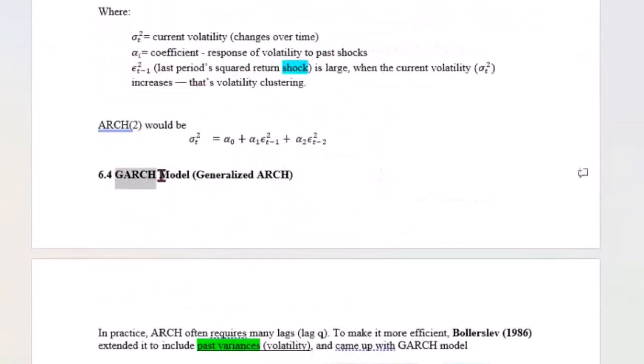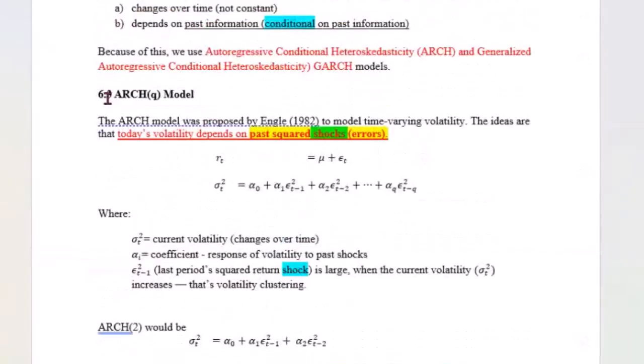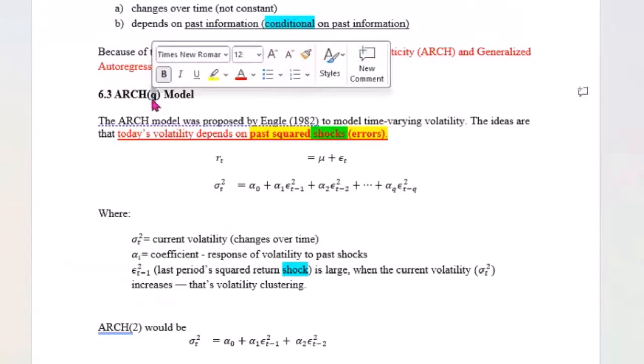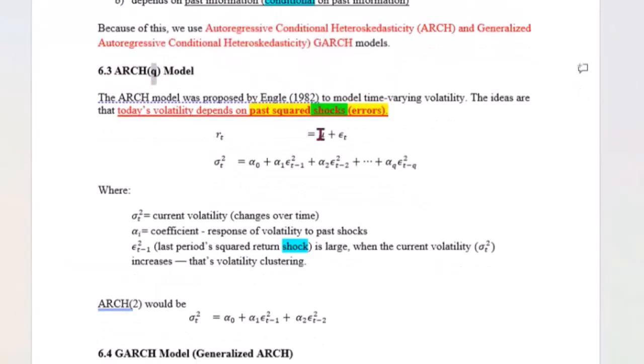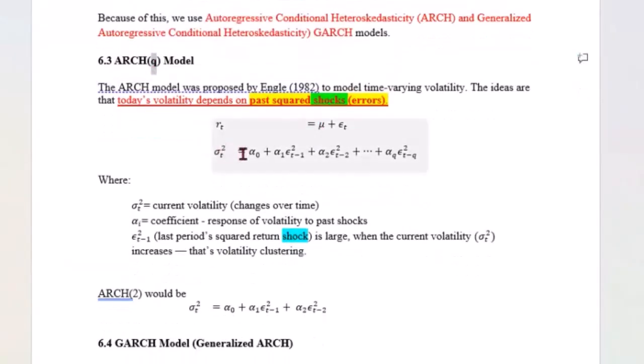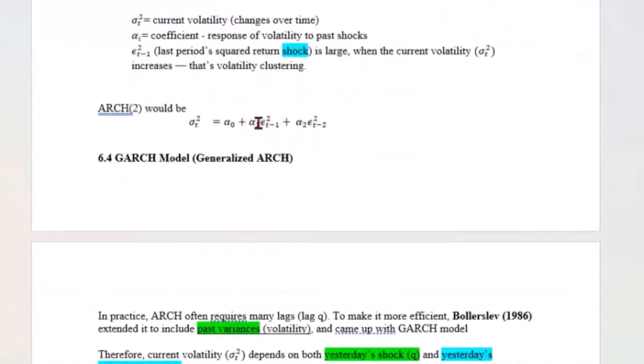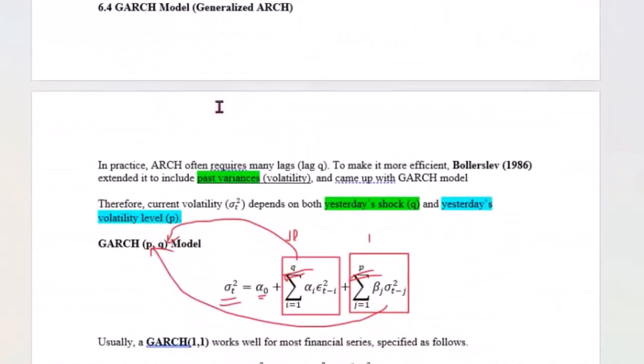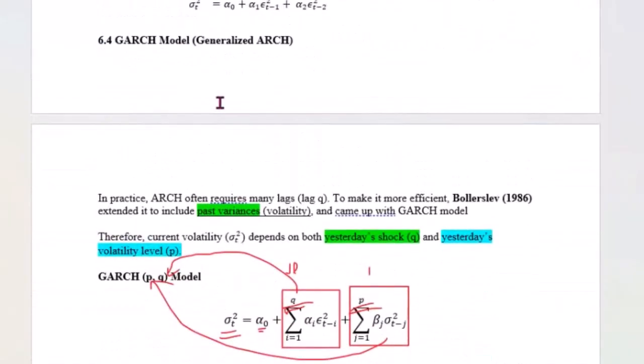So now we know we can differentiate between the ARCH and the GARCH model, whereby in the ARCH model we only have Q, where Q is the past shocks. We are saying that the current volatility is affected by the past shocks or the past error terms.